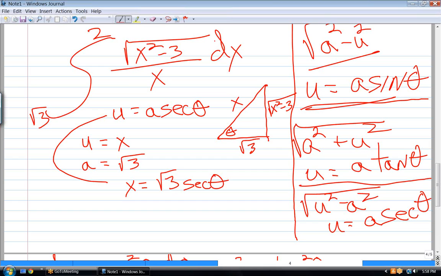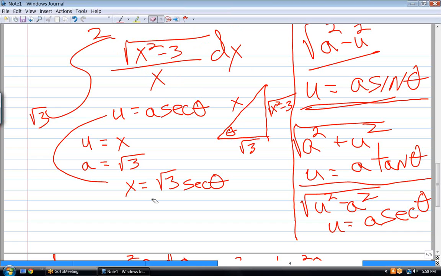Notice we were having to deal with x, the square root of x squared minus 3. That turns out to be that third side. Okay, so now I need to substitute for this, I need to substitute for this, and I need to substitute for that.